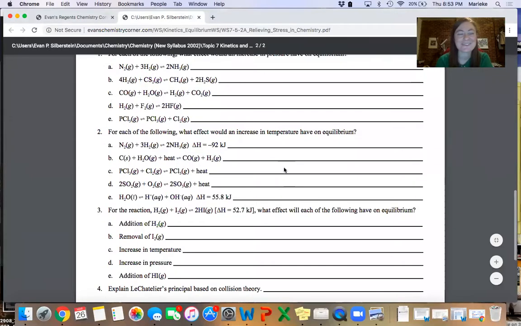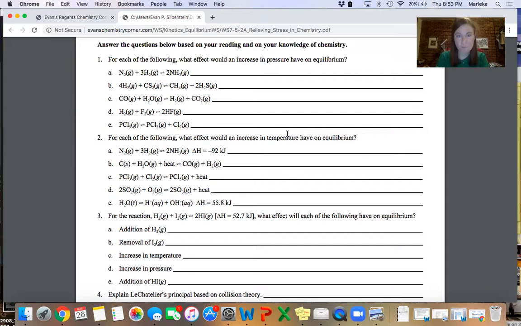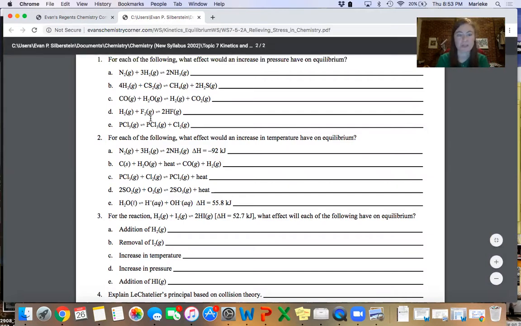All right, I also wanted to quickly talk to you about some of the homework that you've been working on. You all worked on this worksheet for homework due on Wednesday, and I want to just really quickly talk through some of these problems. For problem number 1, we're looking at what effect increasing pressure would have on equilibrium.